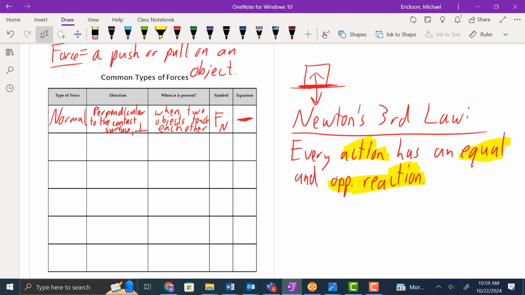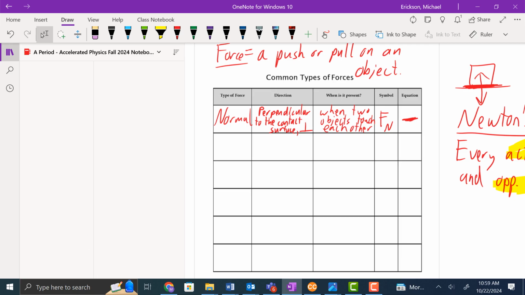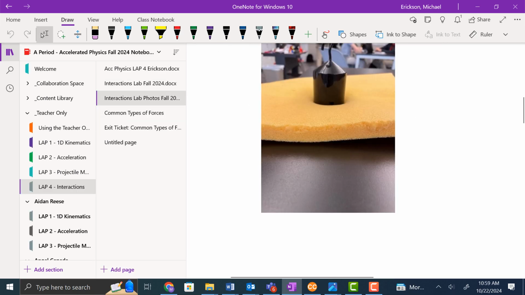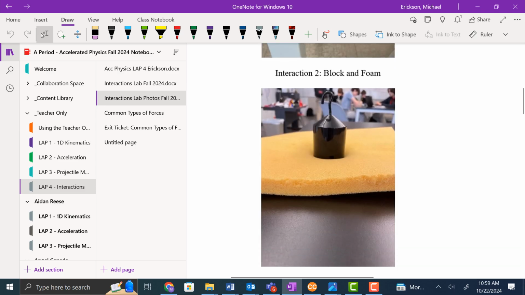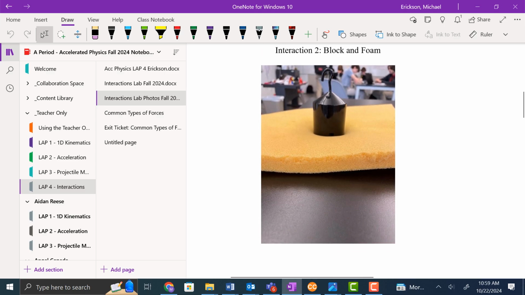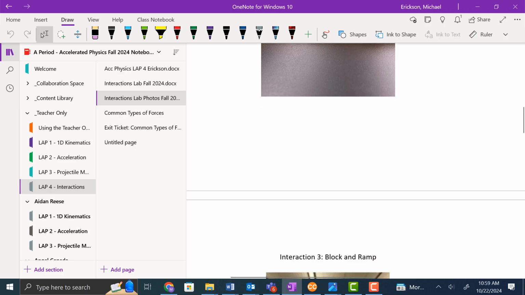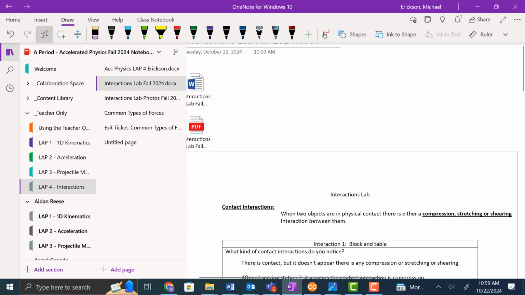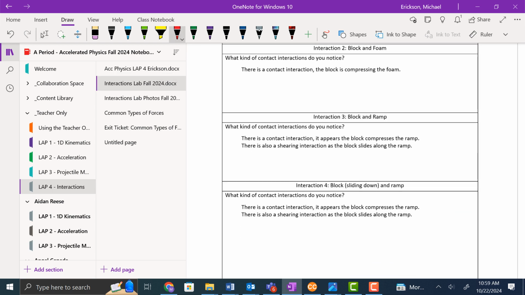Alright, normal force. Let me go back to my interactions lab and think of other things I may have seen. We talked about the table and the block pushing each other. That compression is normal. Some people might say weight would be next, but I'm going to put in weight later. Oh, look at this block on the ramp. If you remember, we said there is a shearing interaction.